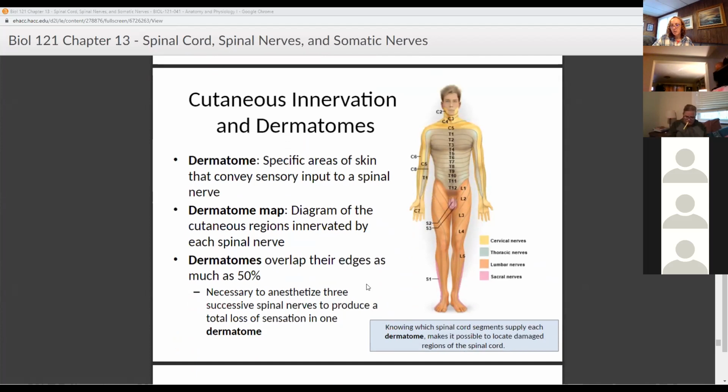So let's talk about dermatomes, and this is where we'll end. First, are there any questions? Dermatomes are specific areas of the skin that convey sensory input to a spinal nerve.